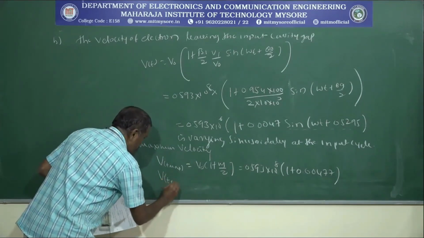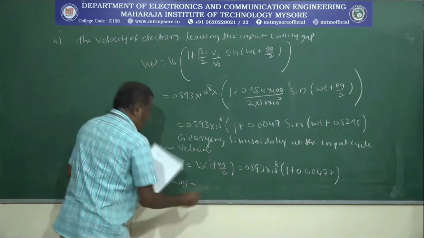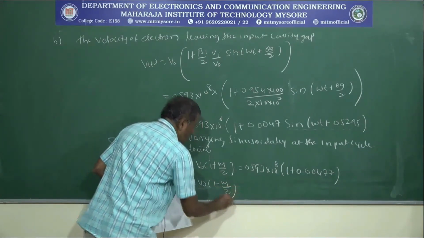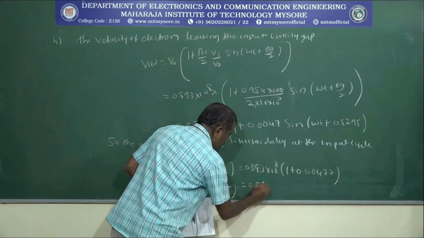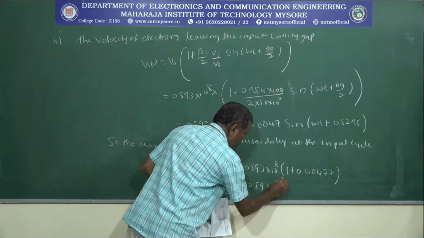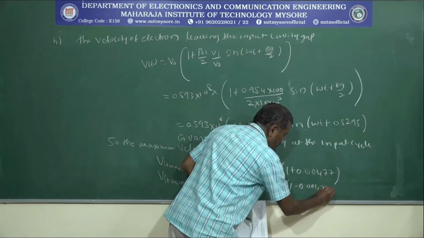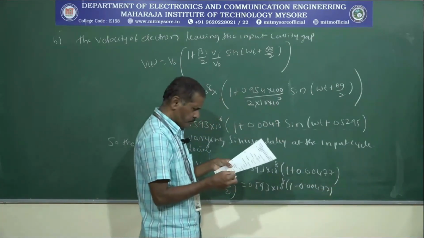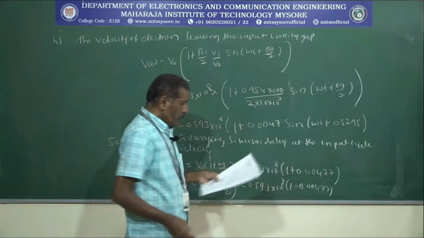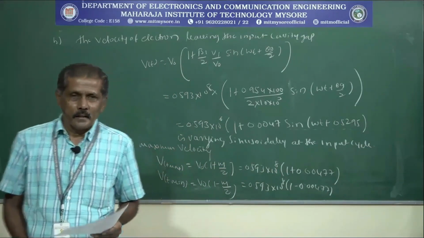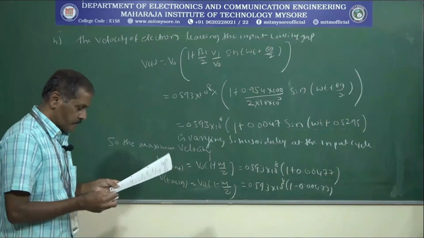And V of t minimum is equal to V0 into 1 minus m by 2. So this is equal to 0.593 into 10 to the power of 8 into 1 minus 0.00477. Okay, so this is how you can calculate the different parameters.